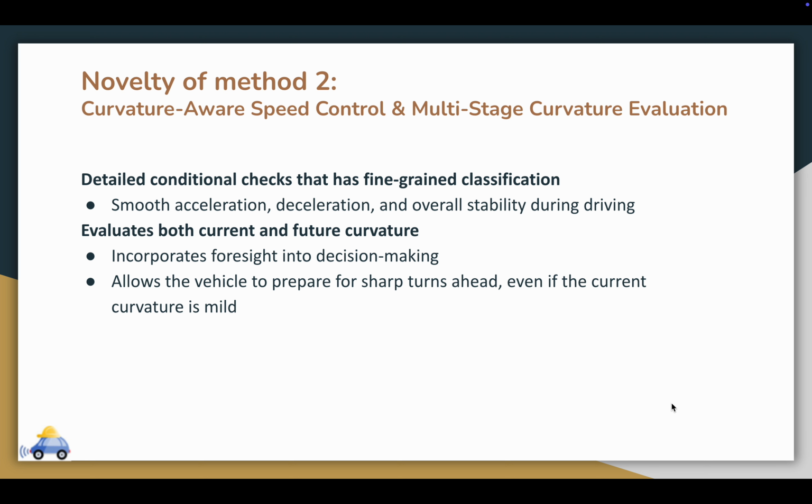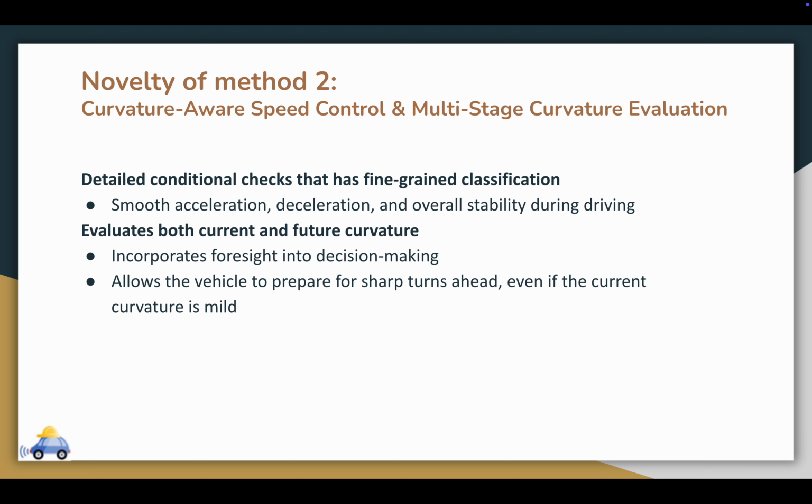So method two is our curvature-aware speed control and our multi-stage curvature evaluation. This has detailed conditional checks with fine-grained tuning that we did for hyperparameters. It allows for smooth acceleration, deceleration, and overall stability during the driving.